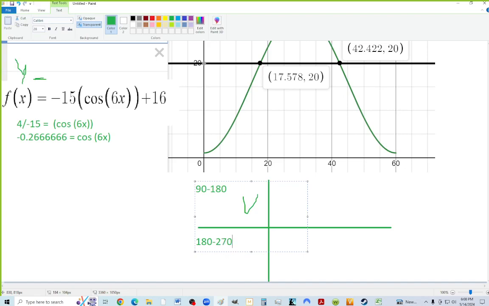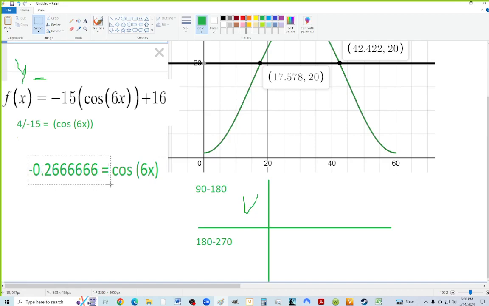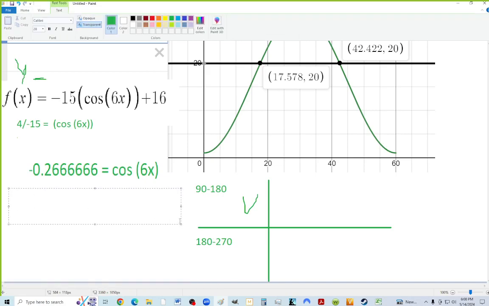Before I can get inside the brackets, I have to get rid of that word cos. What's the opposite of cos? Arccos. So I arccos both sides. When I arccos the right side, that cos disappears.